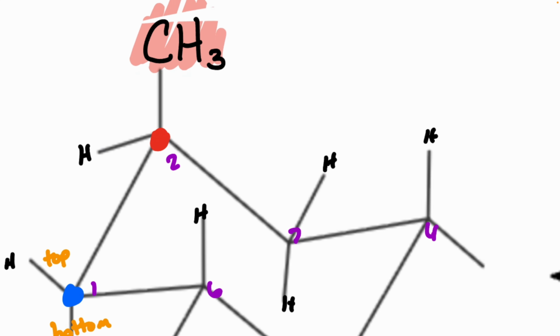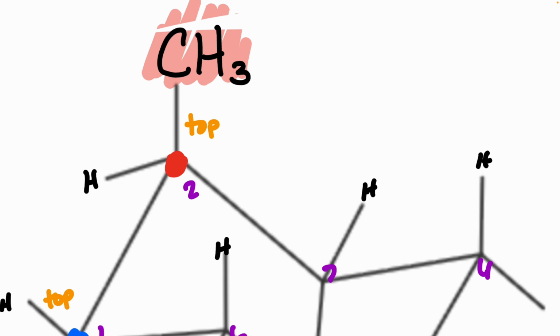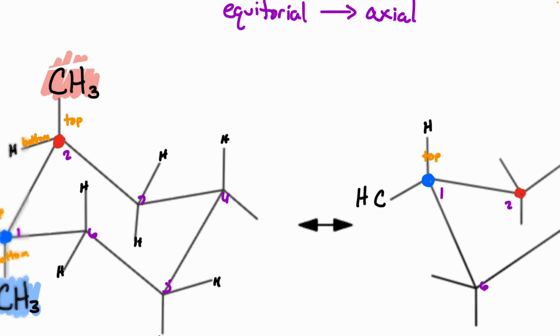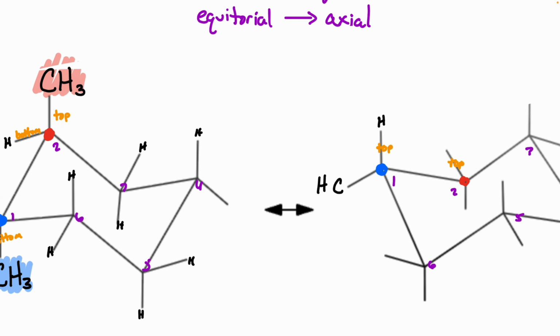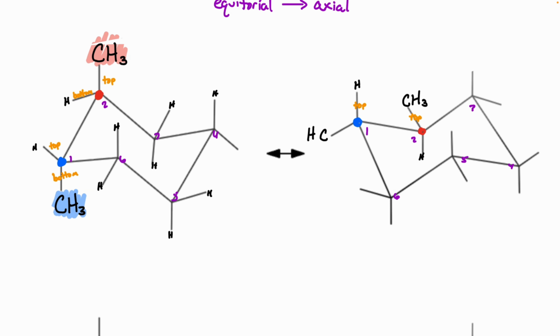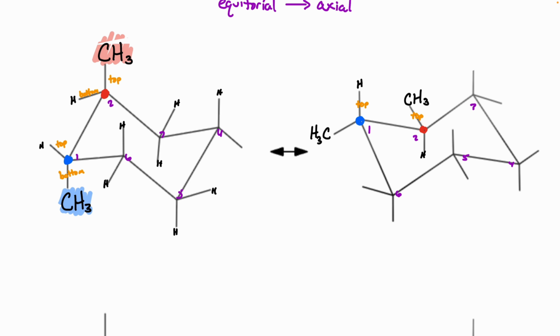If I go to carbon 2, on top is that methyl group, and on bottom is that hydrogen. Well, they can't trade positions. We're not breaking bonds here. So now my top bond over here is that methyl group, and my bottom bond is that hydrogen. Whoops, there was a 3 here.